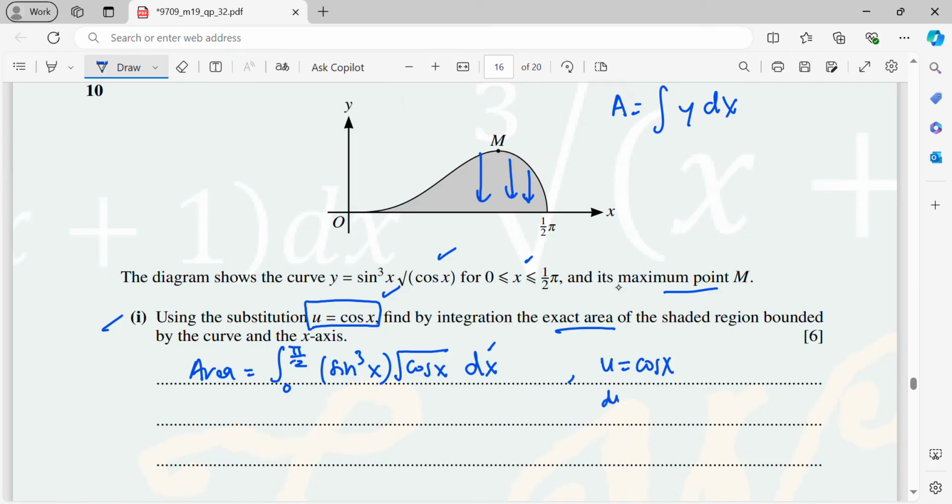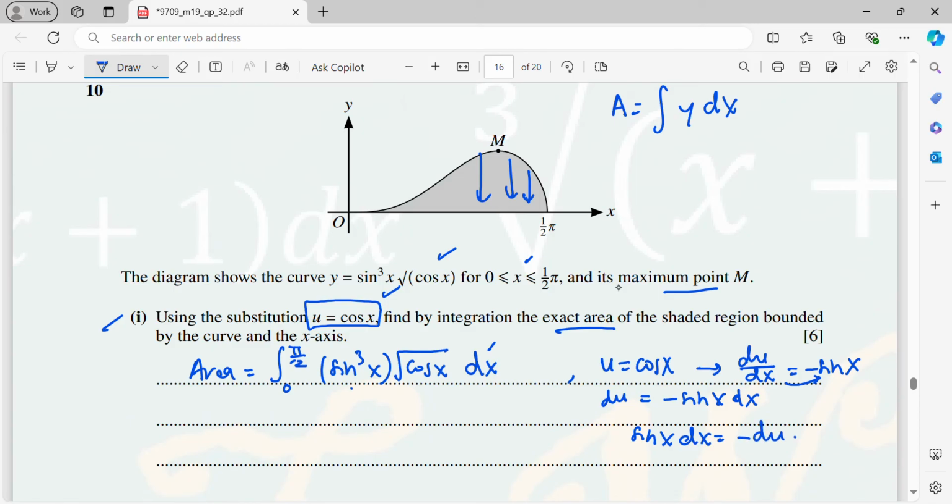So du over dx is negative sin x. Therefore, du equals negative sin x dx. So in other words, sin x dx is minus du.